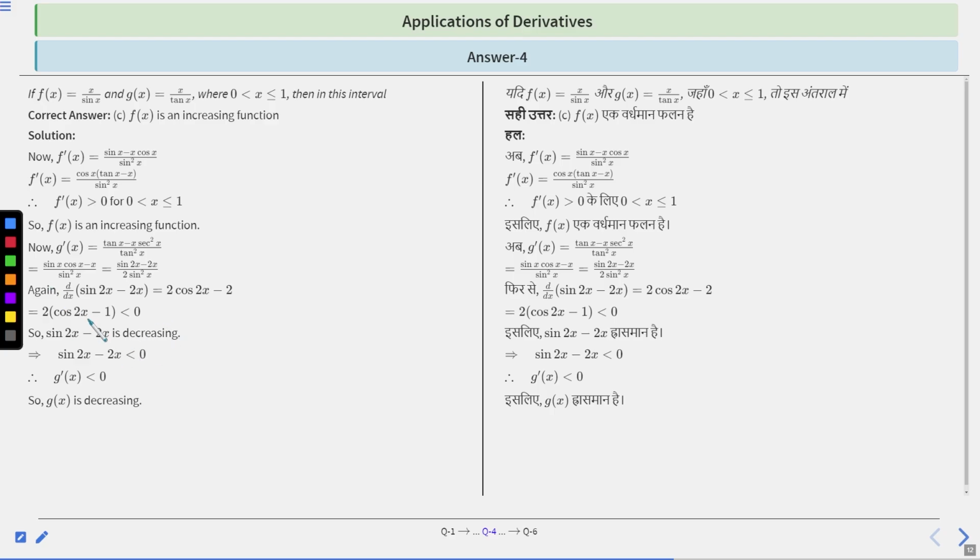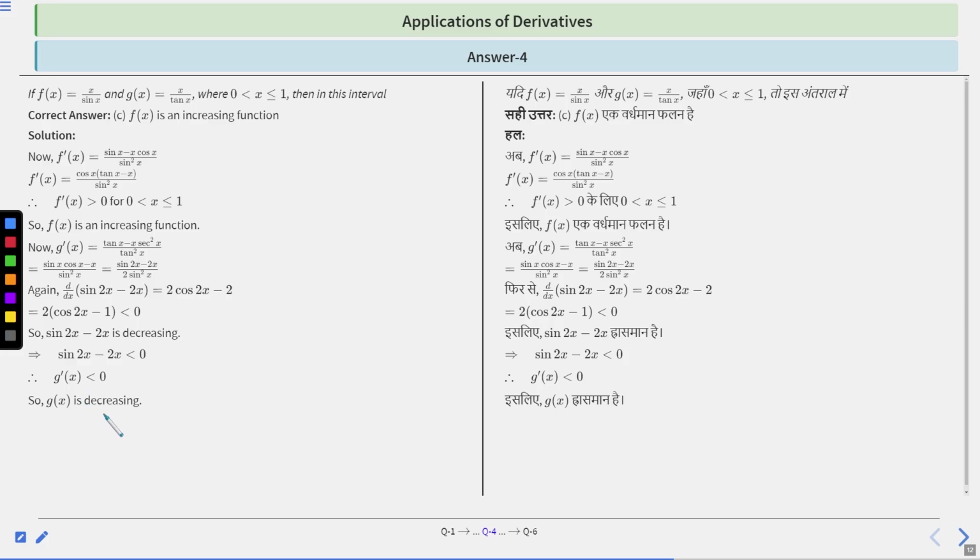Therefore, 2 times cos 2x minus 1 is less than 0. So sin 2x minus 2x is decreasing, right? Because d upon dx of sin 2x minus 2x is less than 0. So sin 2x minus 2x is decreasing. Therefore, sin 2x minus 2x is less than 0. Therefore, g dash x is less than 0. Clear? G dash x is less than 0.